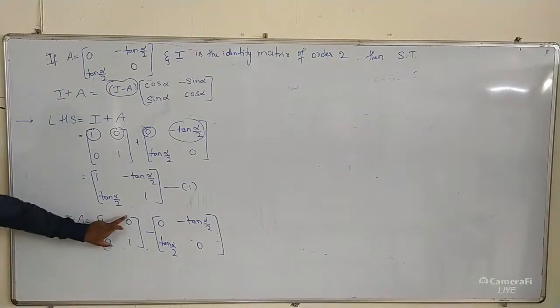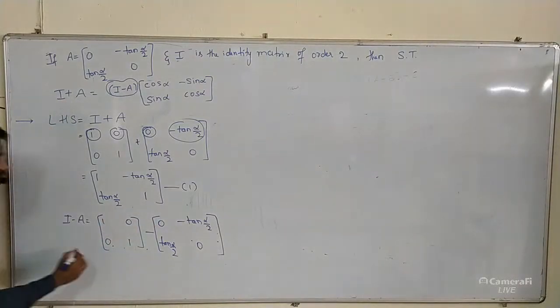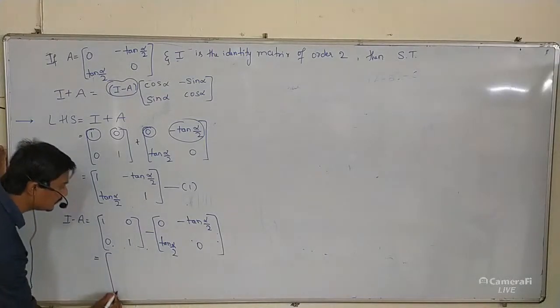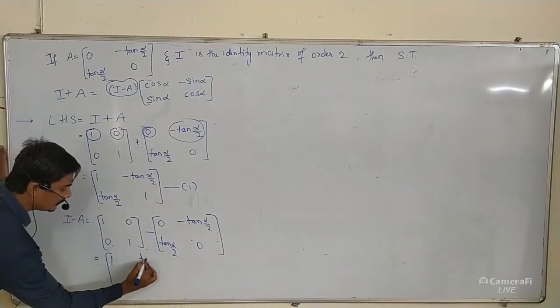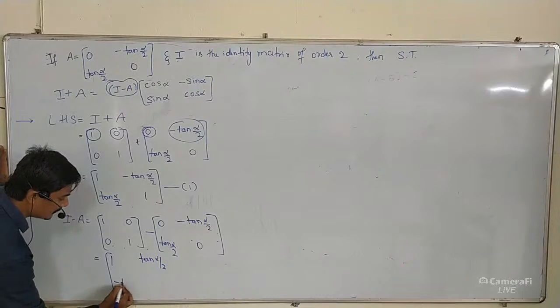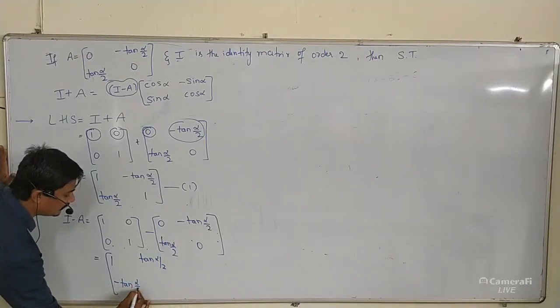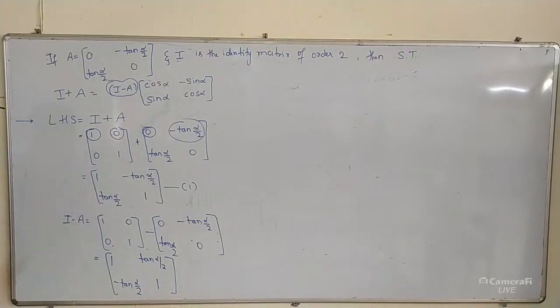I identity matrix minus A is the given matrix. Let us subtract these two matrices now. 1 minus 0 is 1. 0 minus into minus plus tan alpha by 2. 0 minus tan alpha by 2 is minus tan alpha by 2. 1 minus 0 is 1. This is our I minus A matrix.